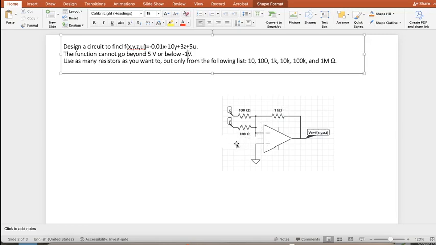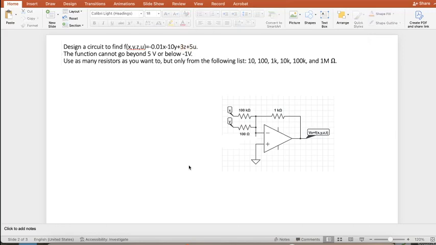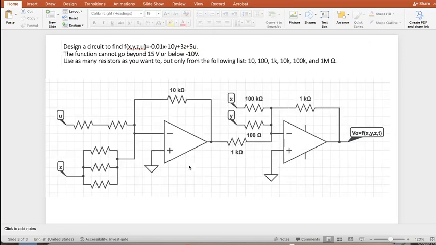Now there's going to be another input, which is going to be the input from the z and the u. So I need to make a circuit that evaluates 3z and 5u. So that's what I have done in the next slide. So I'm copying that first one here.